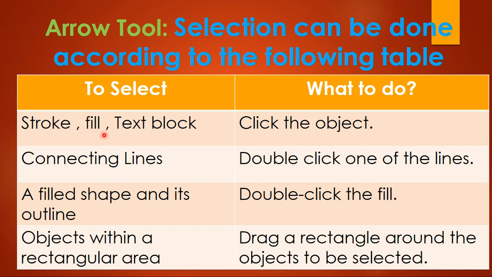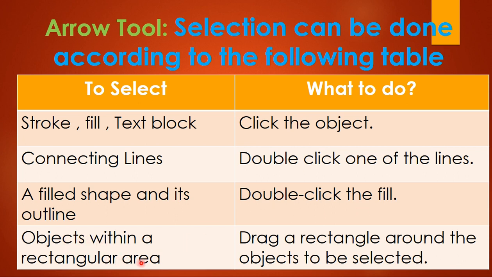To select the stroke, fill and text block, we have to click the object. To select the connecting lines, we will double click one of the lines. For a filled shape and its outline, double click the fill, then the whole object will be selected.